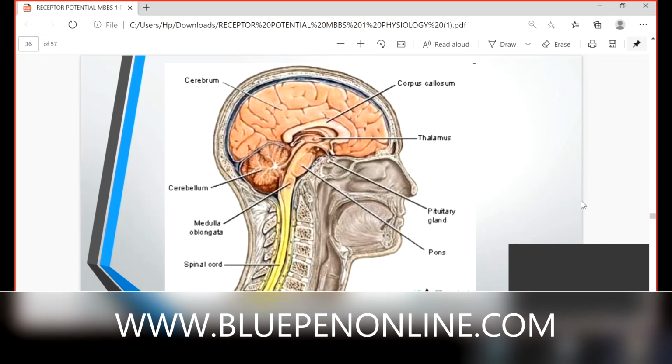Here also you can see the medulla oblongata, the inferior part of the brain, and from there the spinal cord is arising. The other part is not important for now.